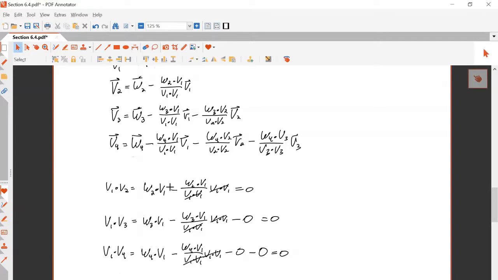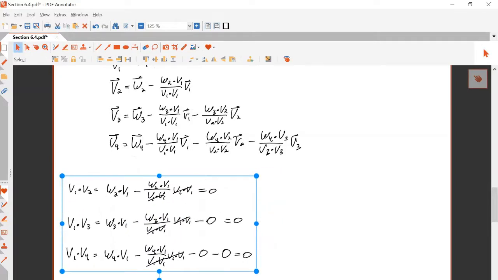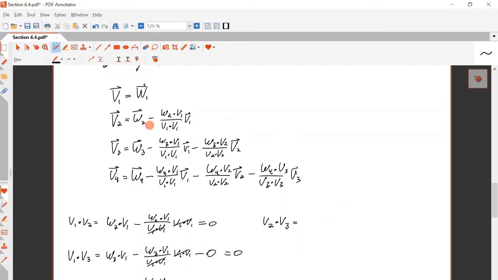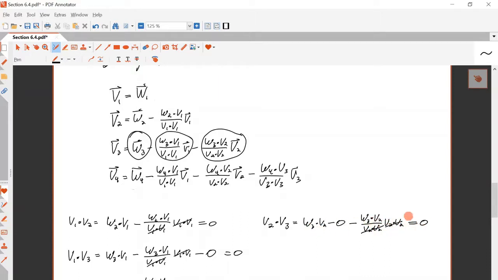V2 dot V3. Well, that's V2 dot W3, minus V2 dot V1 times a constant. That's 0, right? V2 dot V1 is 0. Minus V2 dot V2 times W3 dot V2 over V2 dot V2. These guys cancel and give you 0.